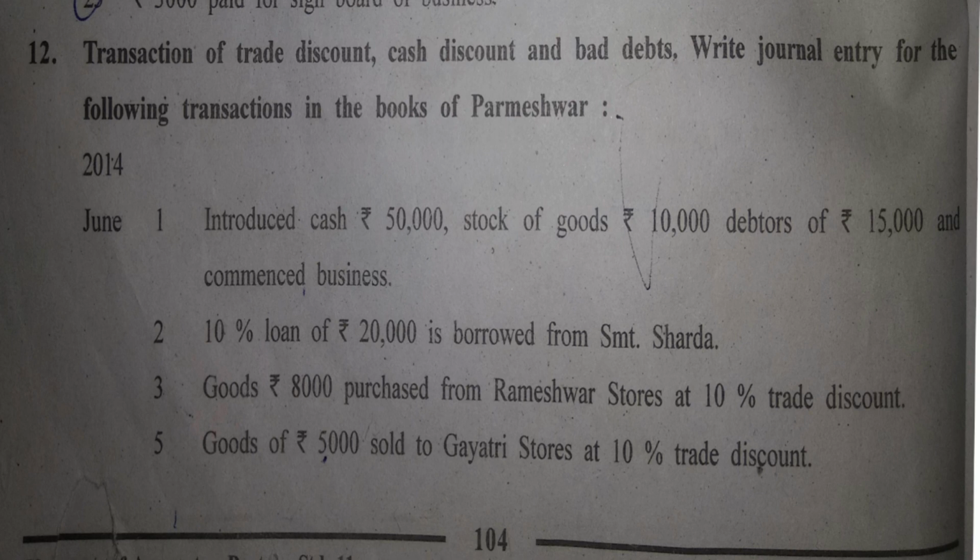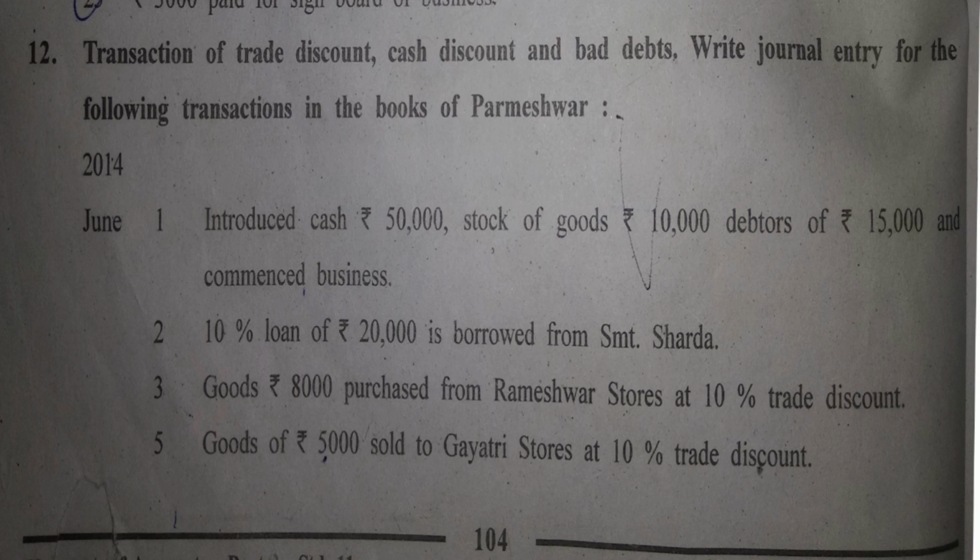You don't have to do anything about it right now because it is not instructed. Just the loan is taken from Srimati Sharda with the condition of 10% interest. Fine. Moving towards the third transaction on 3rd of June. Goods of rupees 8,000 purchased from Rameshwar stores at 10% trade discount.